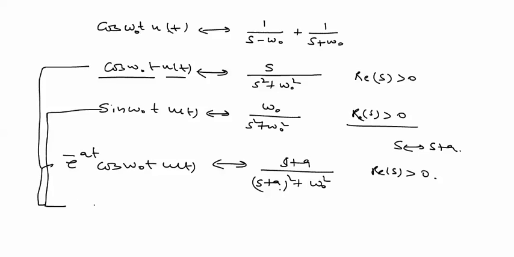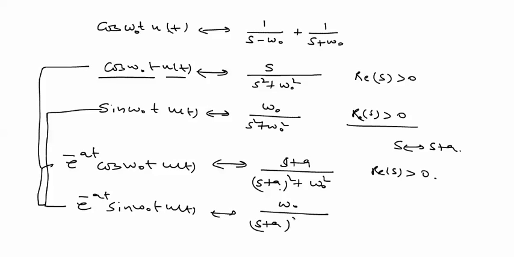The second term we get from e power minus a t sin omega naught t u(t): omega naught upon (s plus a) square plus omega naught square.